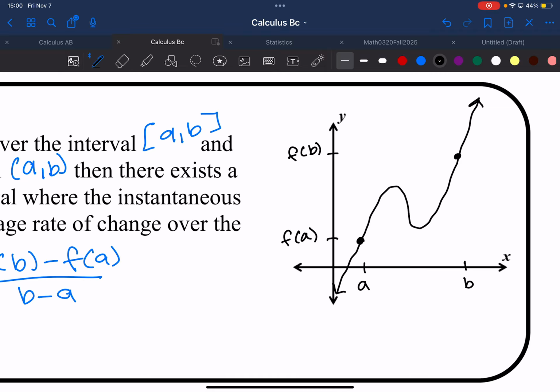Based off of this theorem, what we're trying to estimate is the slope between these two points on this graph. So we're trying to find this right here.